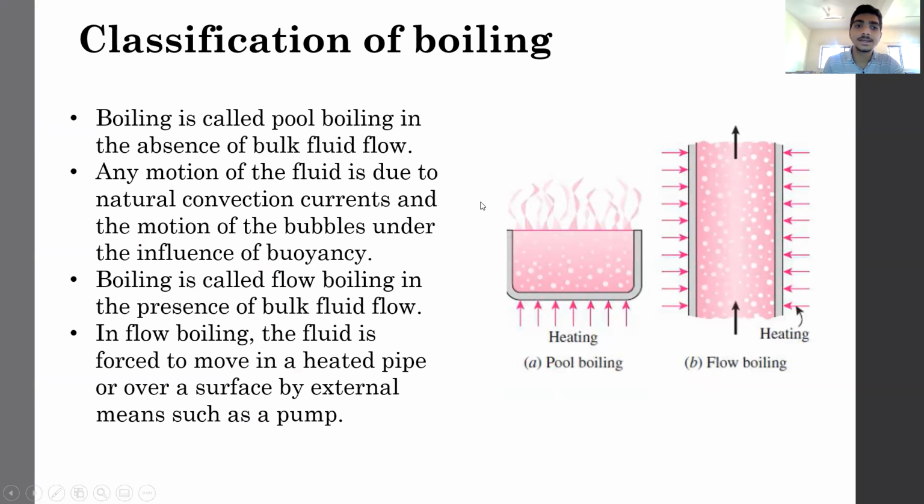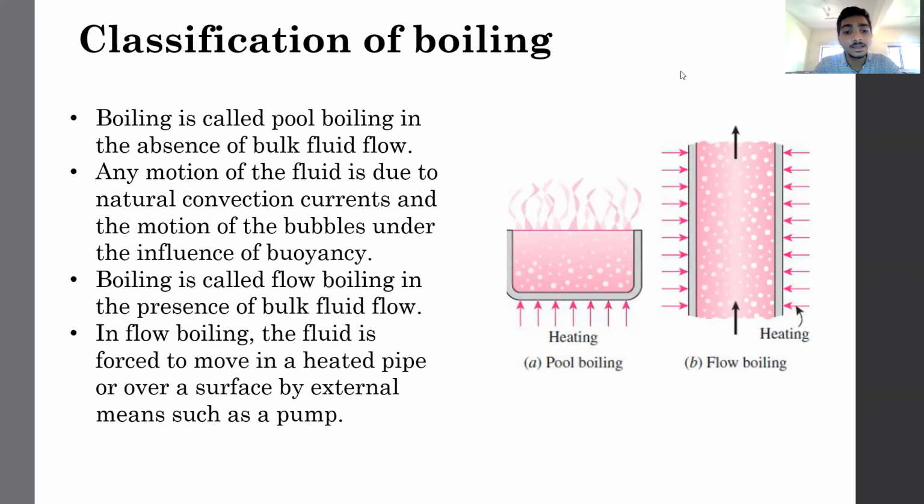So let's move ahead and see the classification of boiling. Boiling is called pool boiling in the absence of bulk fluid flow. Any motion of the fluid is due to natural convection currents and the motion of the bubbles under the influence of buoyancy. Boiling is called flow boiling in the presence of bulk fluid flow.